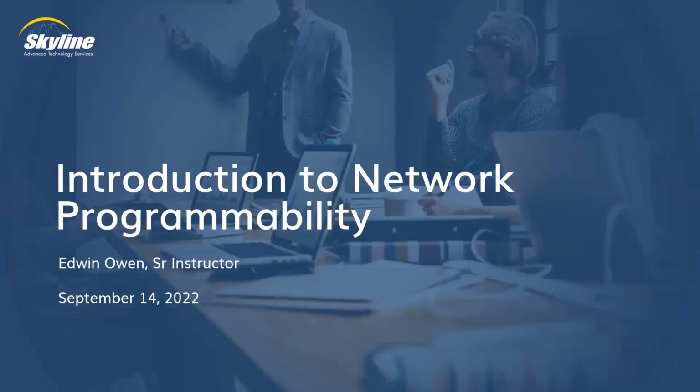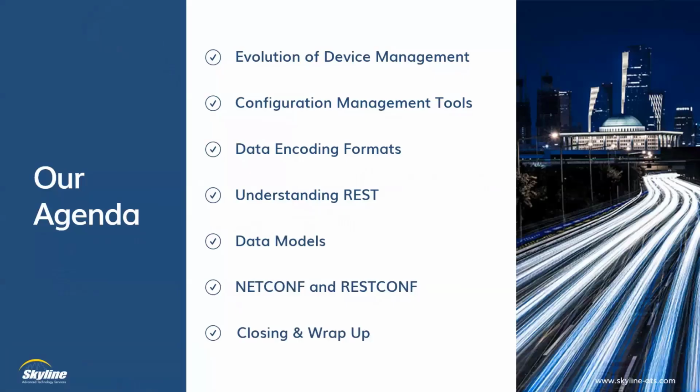We're not going to get extremely deep into programmability, but we are going to talk about a few things. One, what is the evolution of device management? In other words, where did we come from as network engineers, and what are we having to change? What are we having to know differently to be able to do our job?